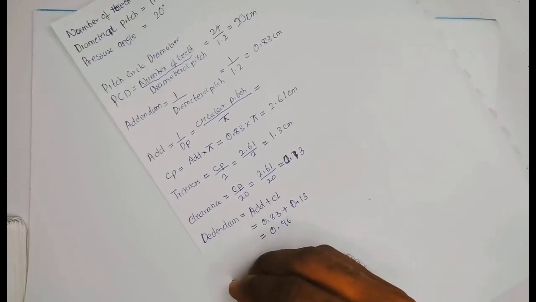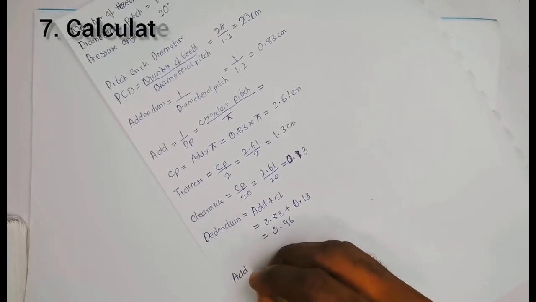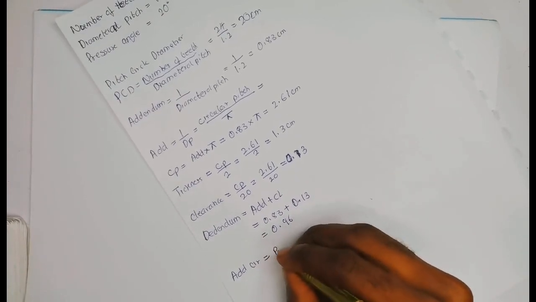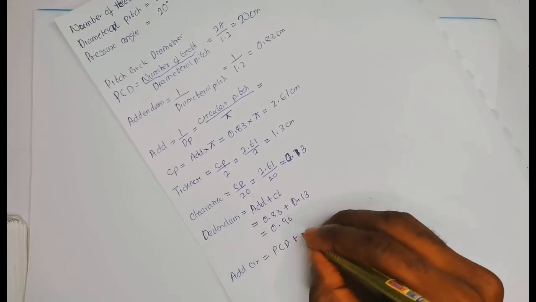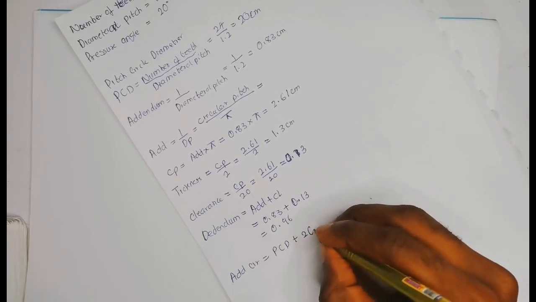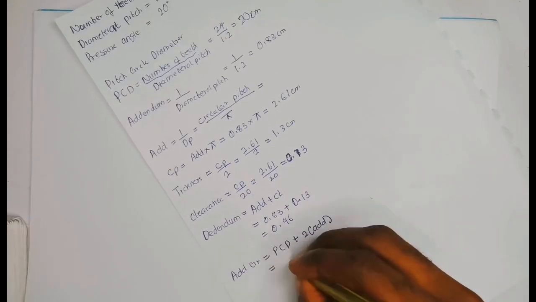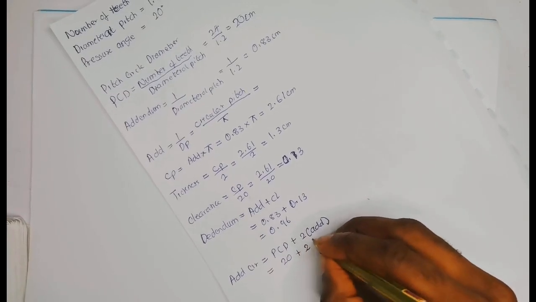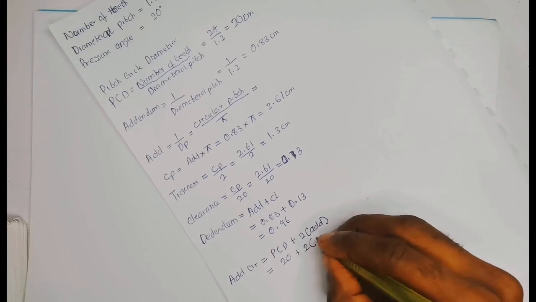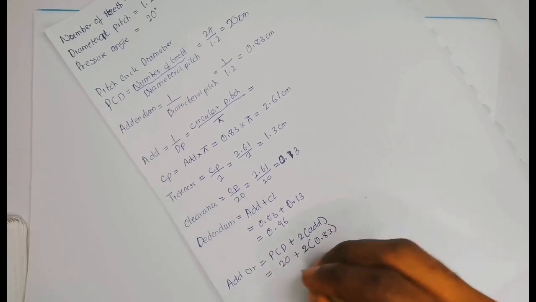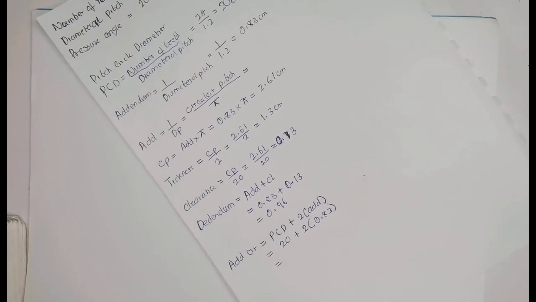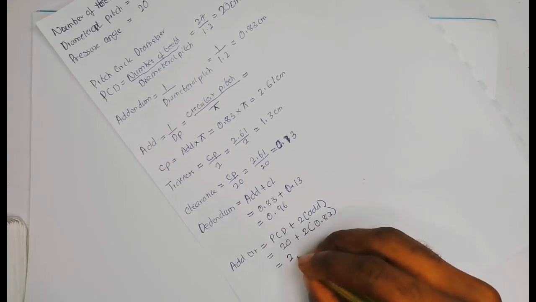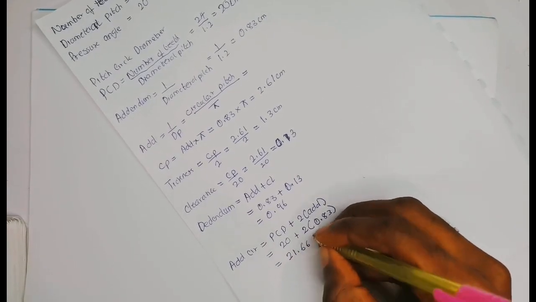So after calculating all this, we calculate for our main values, which we'll be using to draw our involute seat, which is our addendum circle. Addendum circle is PCD plus 2 multiplied by the addendum. Our PCD, which is 20 as calculated earlier, plus 2 times our addendum, 0.83. Let's calculate this. It's 21.66.